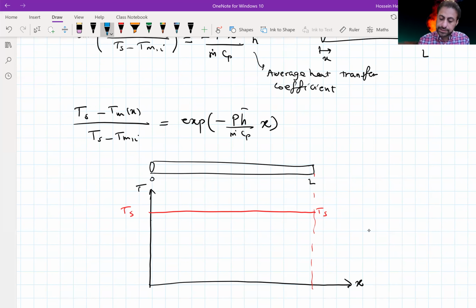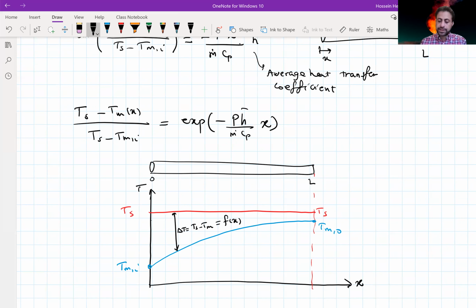And the mean fluid temperature, starting from Tmi, is going to exponentially increase until it reaches Tmo. So the difference between them, delta T, is Ts minus Tm, and it's going to be a function of x.